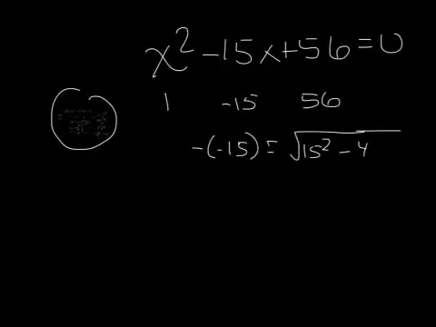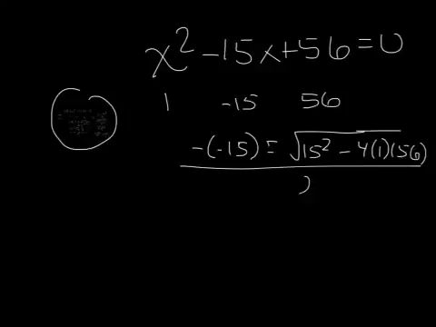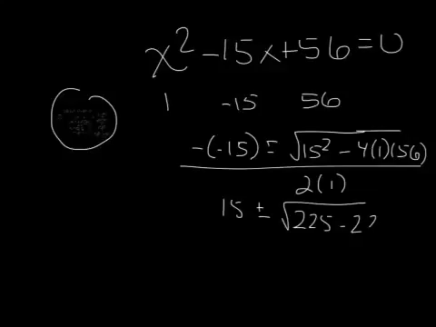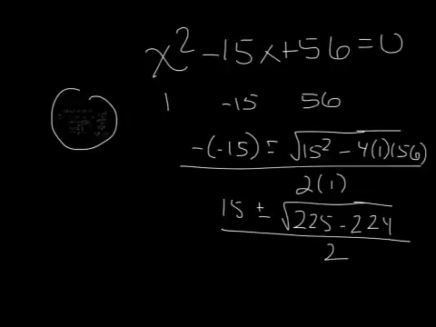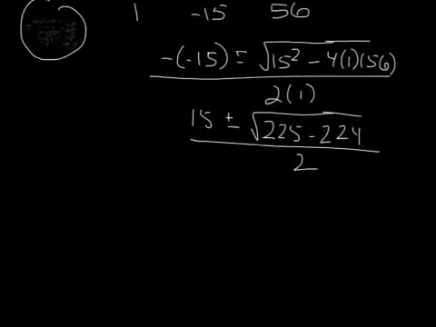Minus 4 times 1 times 56, all divided by 2 times 1. That will be 15 plus or minus the square root of 225 minus 224, divided by 2. 225 minus 224 is 1.